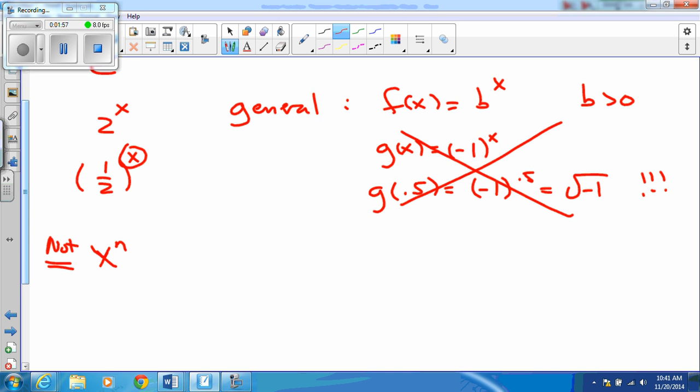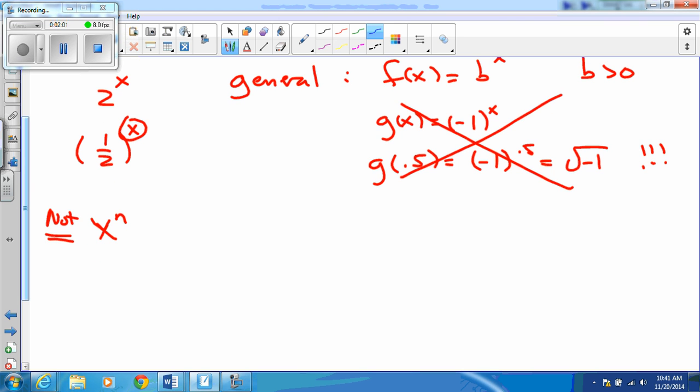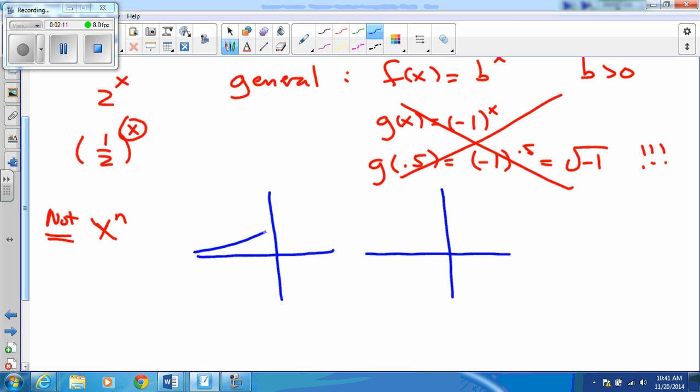Okay, well, if b to the x is our exponential function, then what does the graph of b to the x look like? Generally speaking, you're going to have two shapes to your exponential graphs. If b is a number greater than 1, then my graph is going to be an increasing graph with positive slopes of tangent lines.